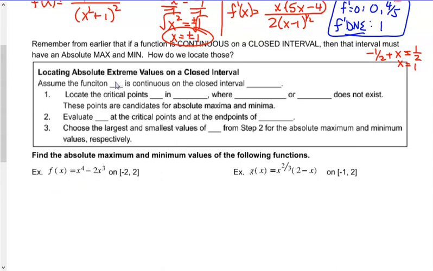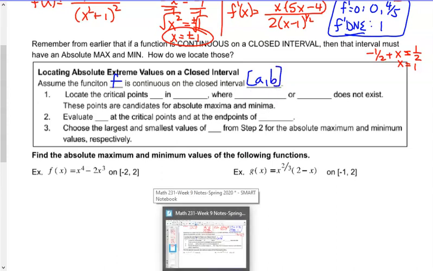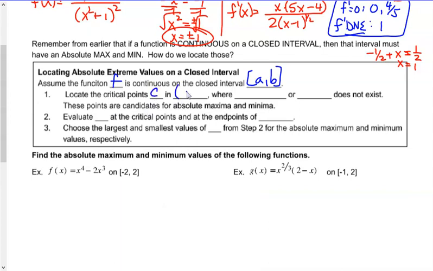So we're going to assume that the function f is continuous on a closed interval AB. Here is the process we're going to take in order to find absolute max and mins. We're going to locate the critical point C in our open interval AB, where f prime of C equals 0 or f prime of C does not exist. We just did that.